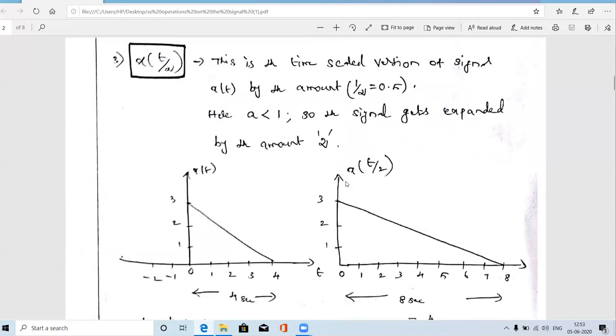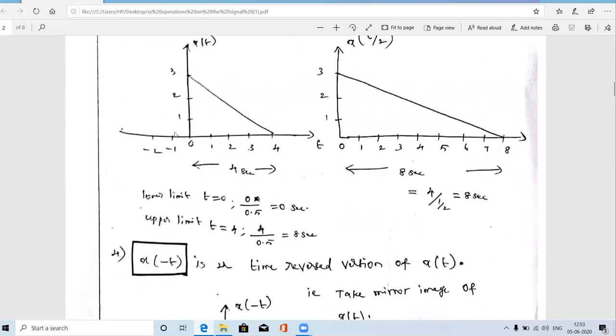You see, this is the x of t signal. If we want to find x of minus t, we have to take the mirror image. Consider that on the y-axis we have a mirror.